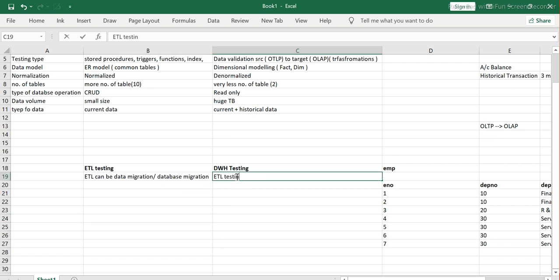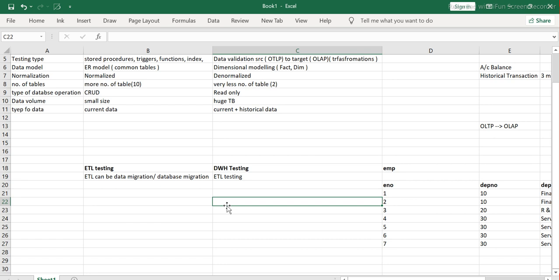Okay, so for a data warehouse, it is very important that we have the ETL process. But for the ETL process, it is not mandatory that the target is always a data warehouse. It can be a flat file, or it can be simple data migration.